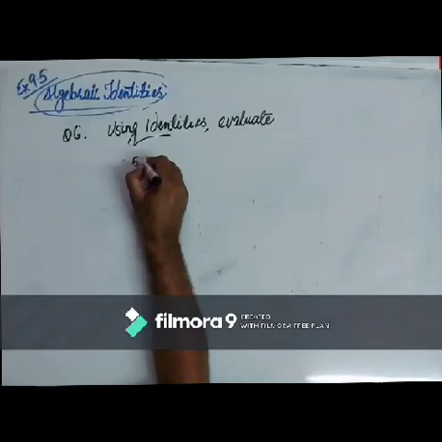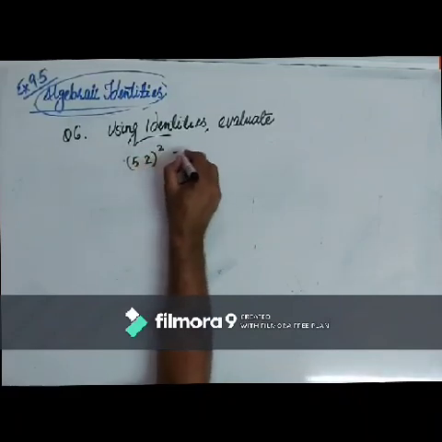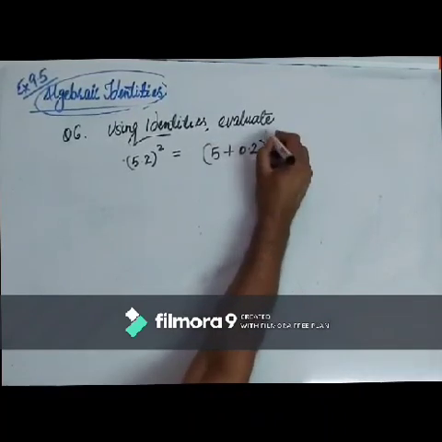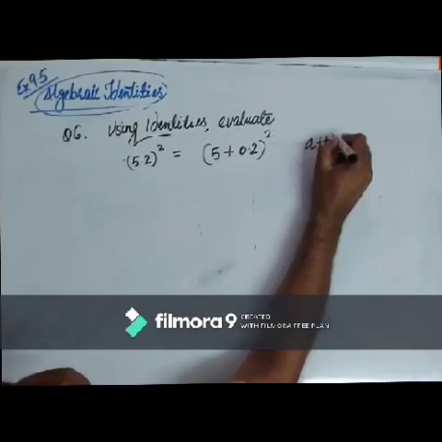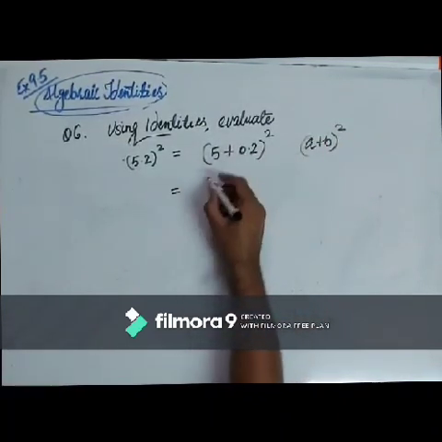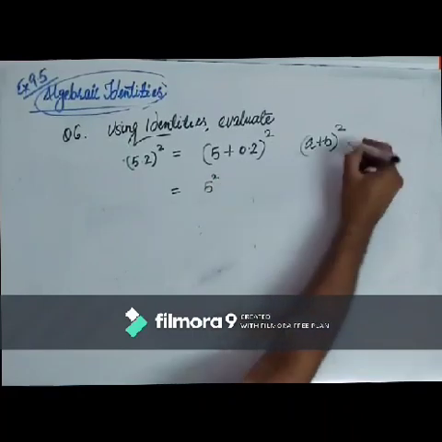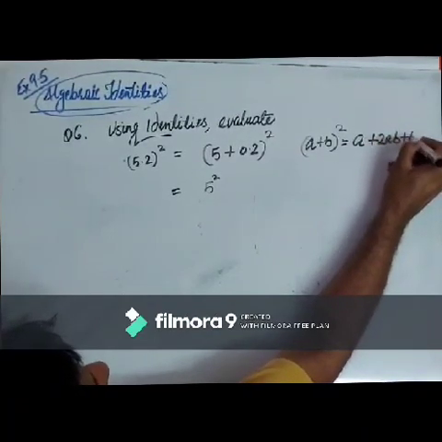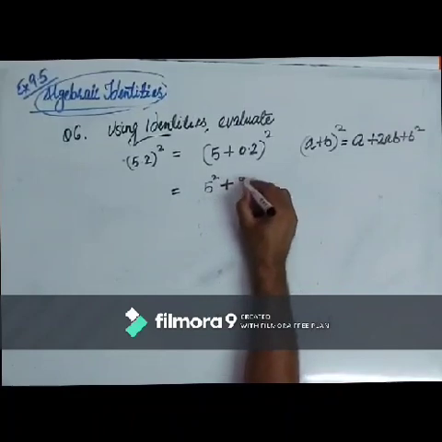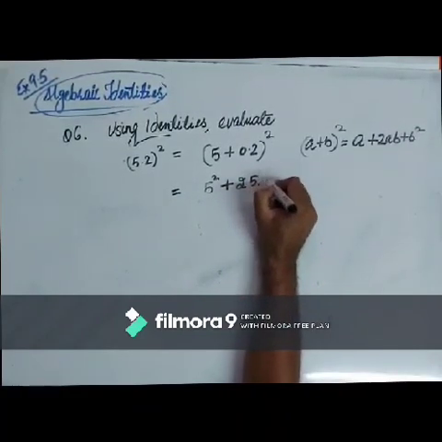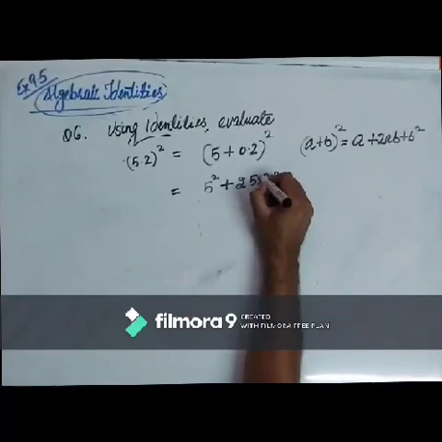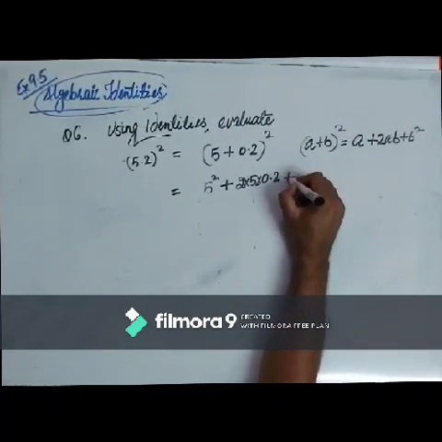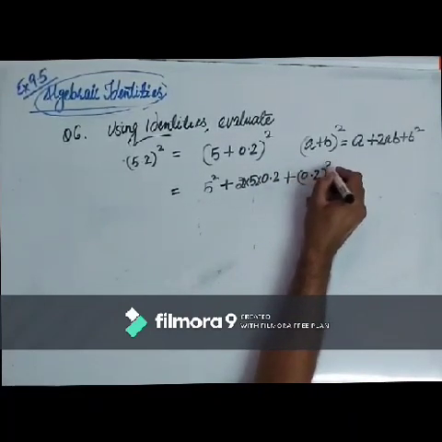So here is 5.2 whole square, which can be written as 5 plus 0.2 whole square. The identity is a plus b whole square, so I will be writing it as 5 square, a square, plus 2ab plus b square: plus 2 into 5 into 0.2. So this is multiplication, right? Don't confuse it with the dot. Plus 0.2 square.